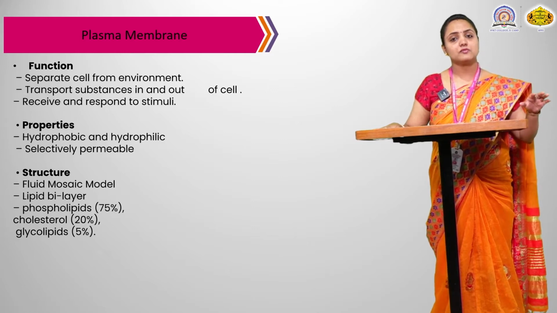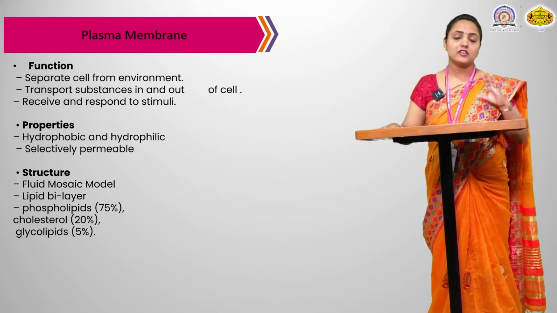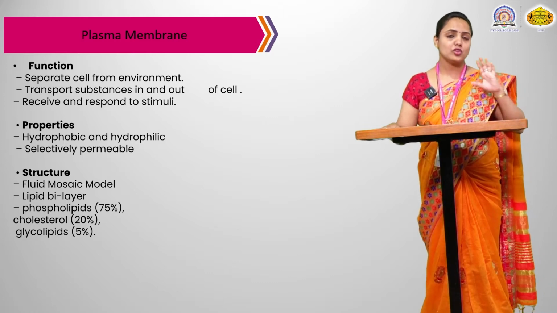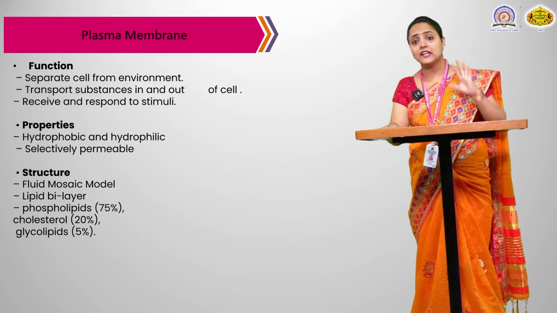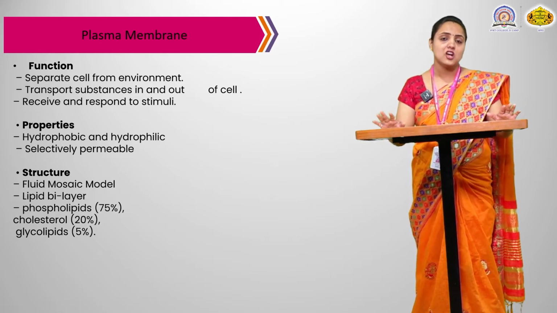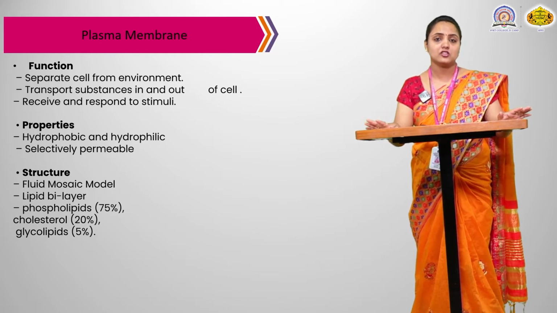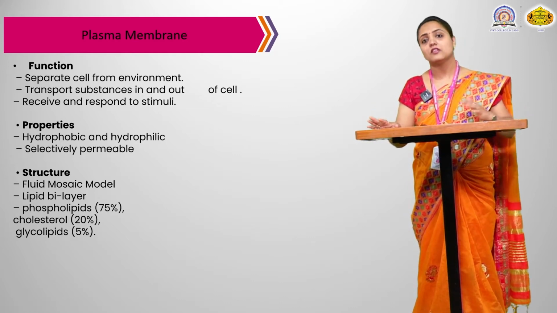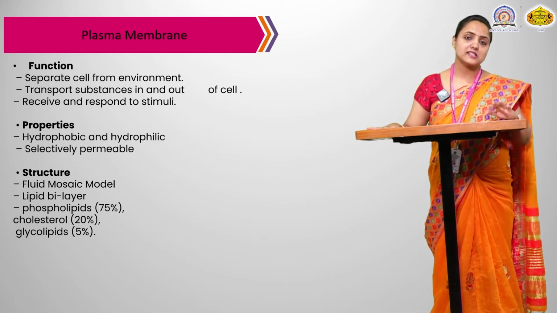If the concentration is higher outside, the plasma membrane allows the solute to transfer from outside to inside till equilibrium is attained. That is homeostasis. If homeostasis is achieved, then there would be no transportation or diffusion of various molecules from outside to inside and inside to outside.